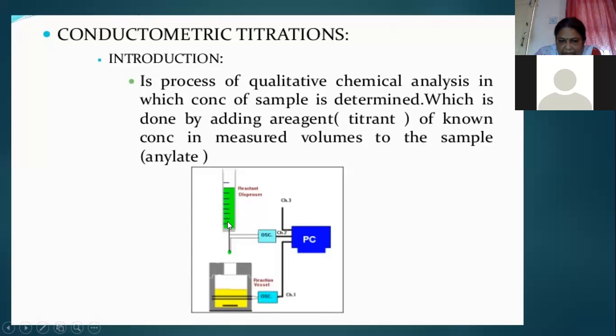That is, every time you can add 1 ml or 0.5 ml of sodium hydroxide to the beaker, stir the solution properly, and in a conductivity meter you measure the conductance of the solution. So with each addition of 1 ml of sodium hydroxide or the base to the acid, the conductance changes.